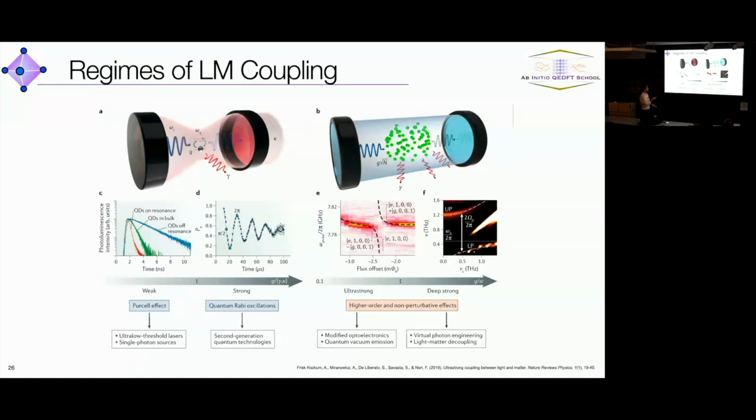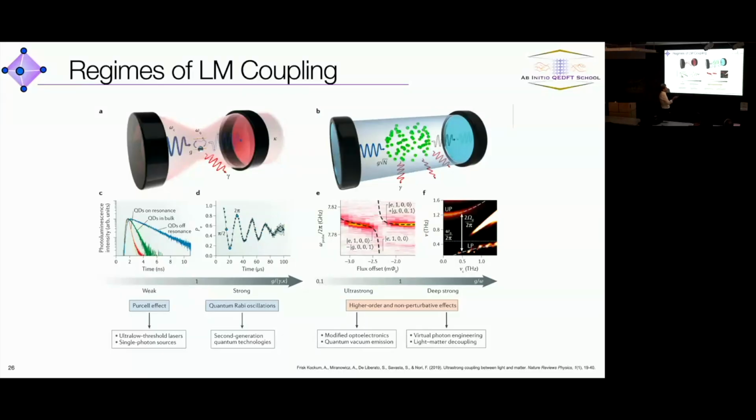This oscillation is really telling you that the matter system is exchanging energy with the photonic one. And in fact, the fact that you have g divided by omega bigger than 1 means that you can exchange energy between the two systems within one Rabi frequency. That's the definition of strong coupling.